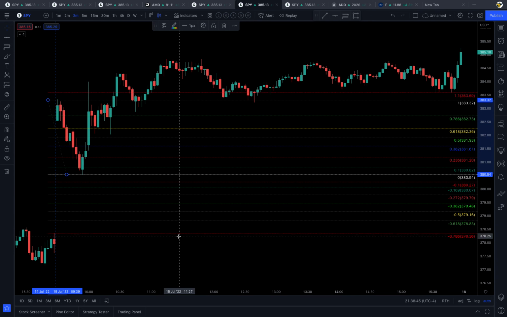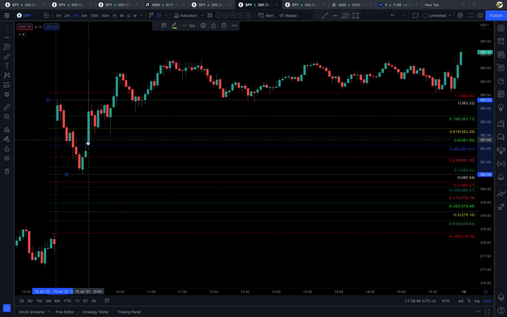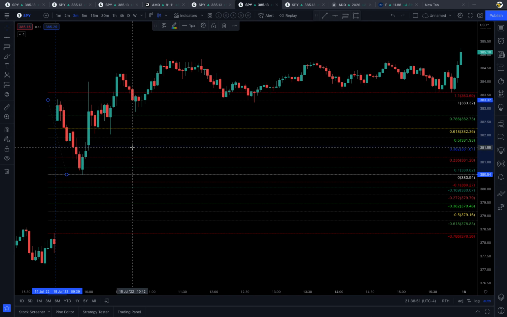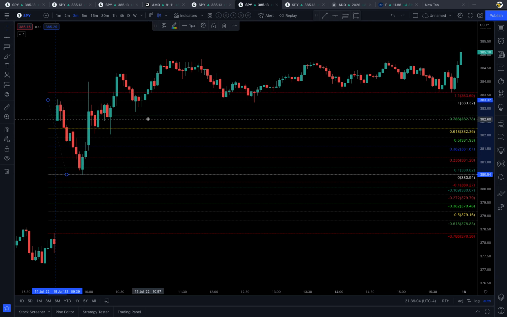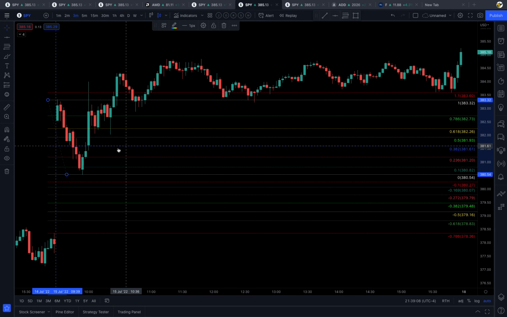There's going to be some form of retracement, and that's what the fib lines are for. Normally the 382 line is a good line where it'll bounce off of, and then from the 382 usually to the 618. The 786 is another good one, but usually once it breaks that 786, there's a good probability it's going to continue to the upside, or to the downside if the fibs are continuing down.